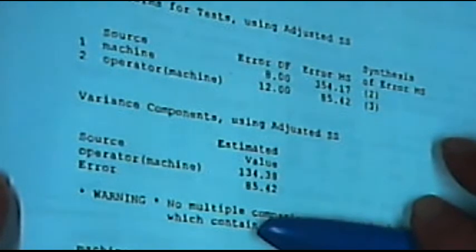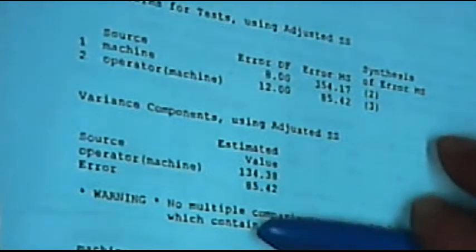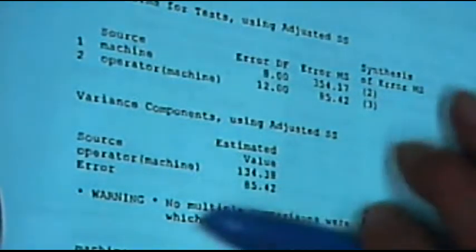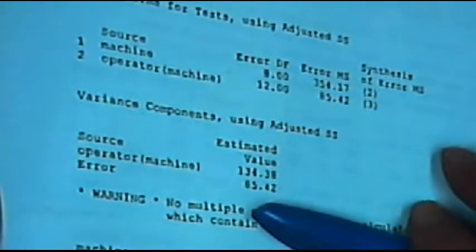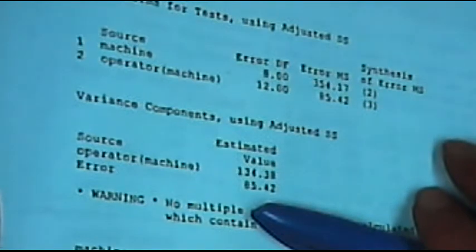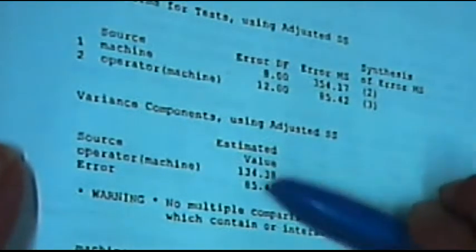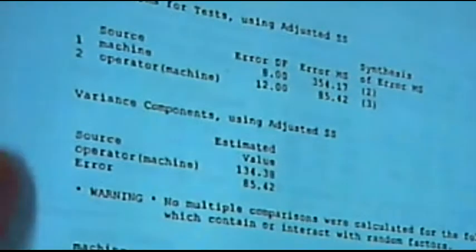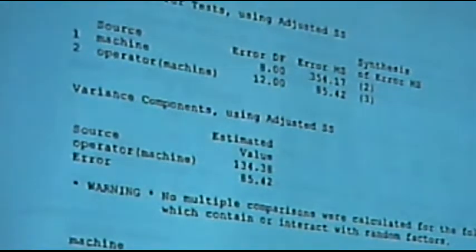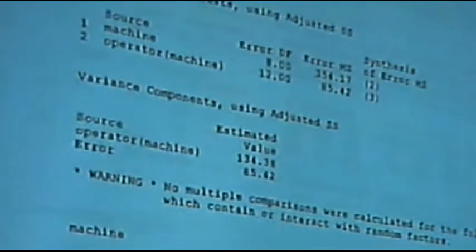The other variable, machine, is not random. So machine is not in here. There's no variance component due to machine. That's a fixed factor. So anyway, it gives us some numbers here, and we're okay on that.